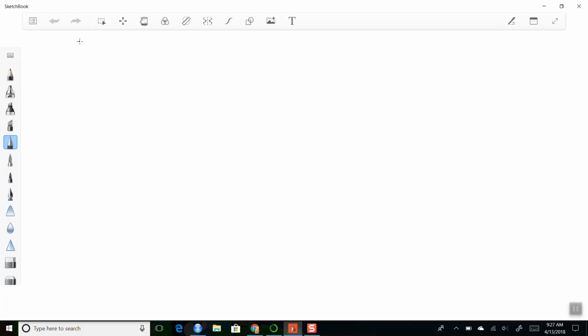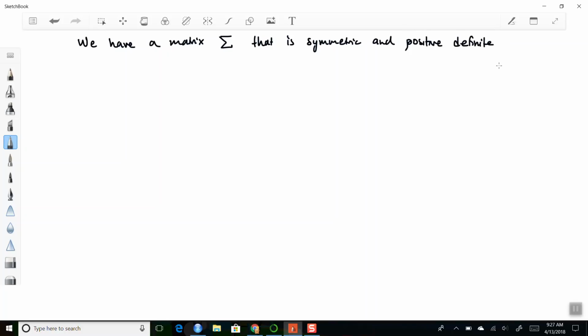Okay, so we'll say we have some matrix sigma that is symmetric and positive definite.